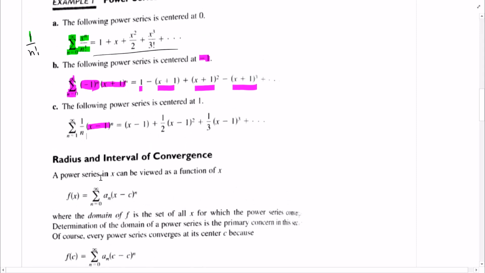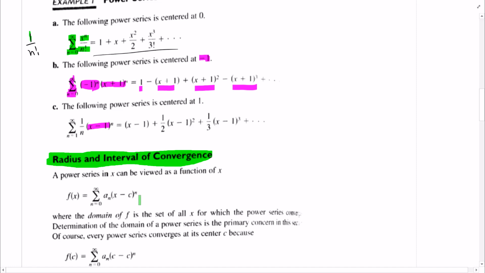So just like with normal series, what we want to do is find a radius and interval of convergence, or find, does it converge, right? That's the question. For a normal series, we ask, does it converge or diverge?